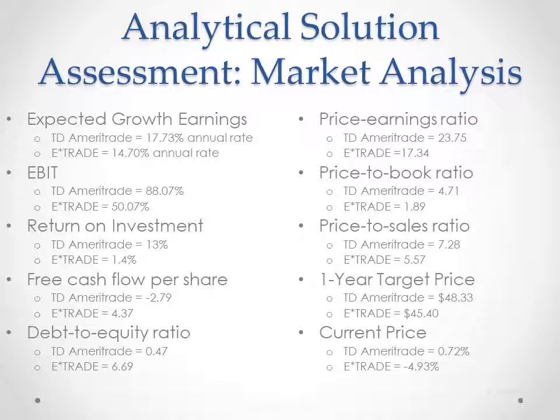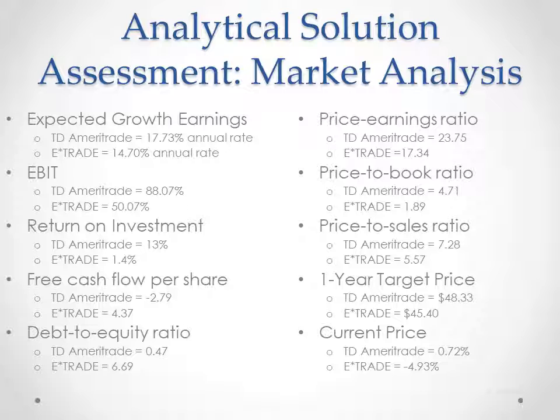The price-earnings ratio values the company based on current share price to its per-share earnings. The price-to-book ratio compares the stock market value to its book value, and the price-to-sales ratio is the valuation ratio that compares the company's stock price to its revenues.